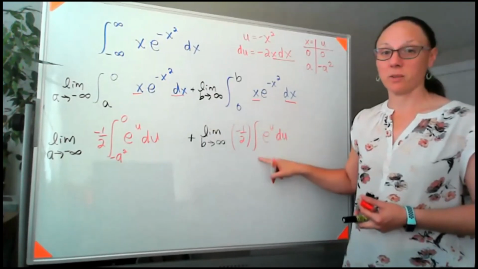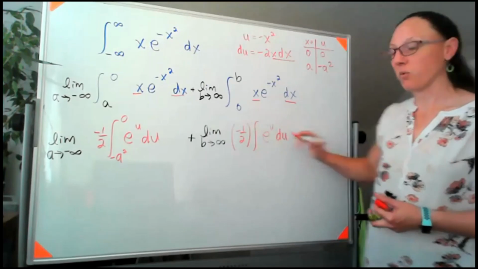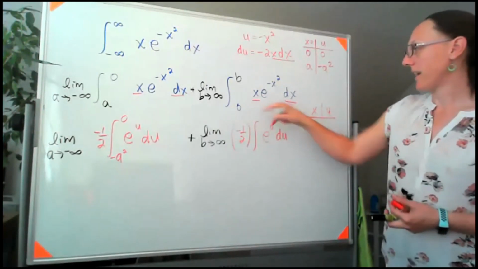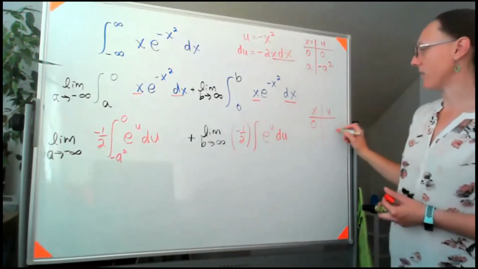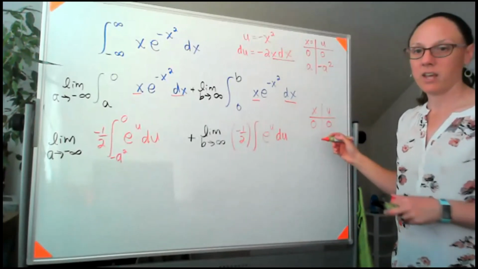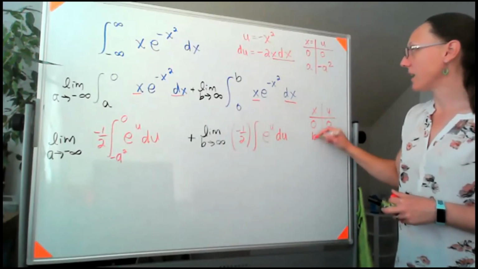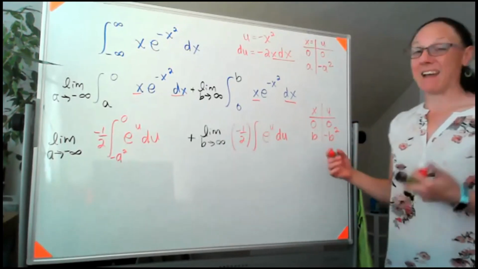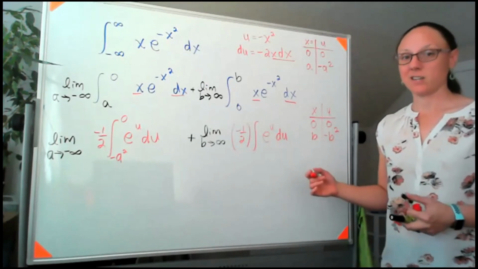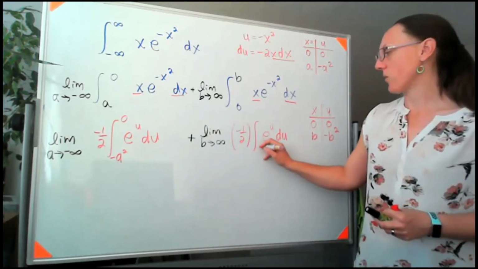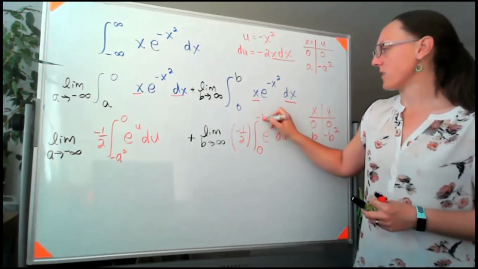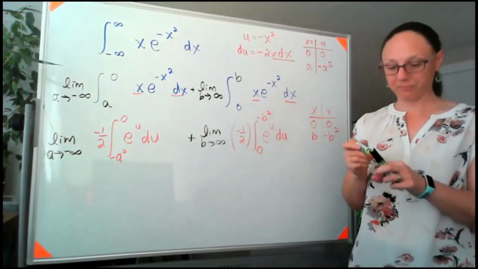But we've got to change the bounds here also. So for this one, I've got my x and my u. When x is 0, u is going to be 0. And when x is b, u will be negative b squared. And I have to keep them in the same places. So the 0 is on the bottom, so I'll keep the 0 on the bottom, and the b is at the top, so my negative b squared will go to the top.